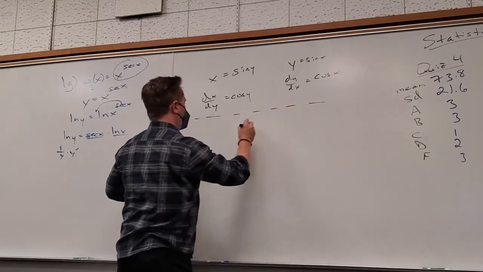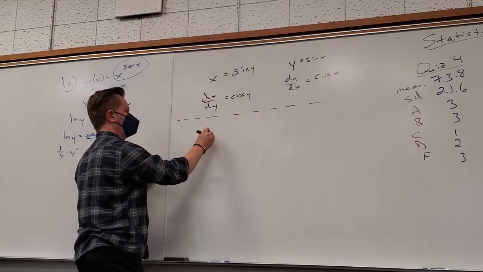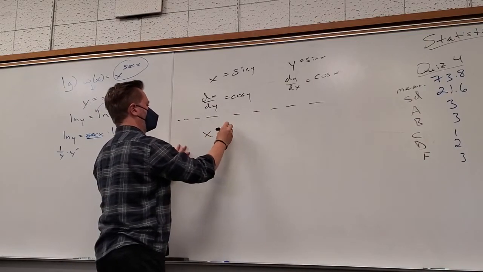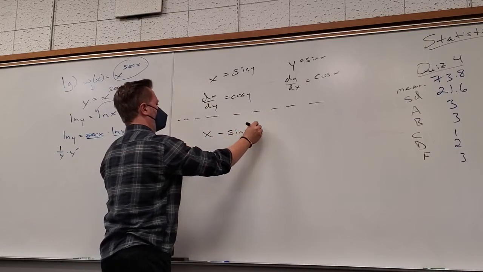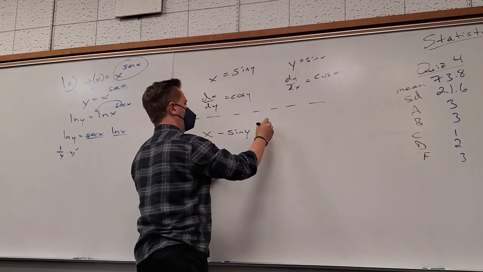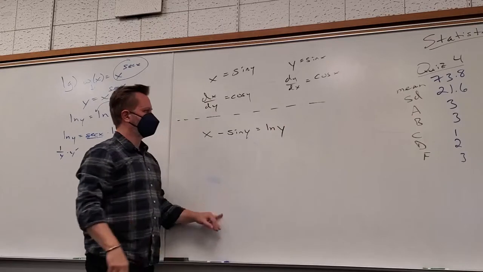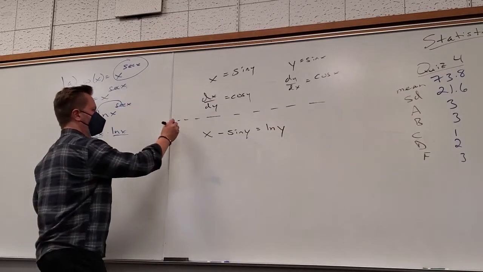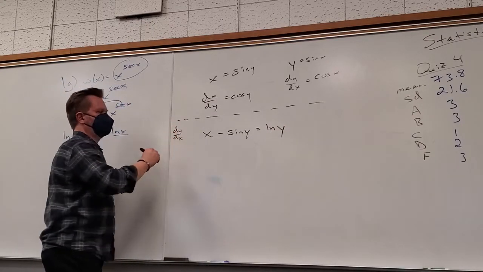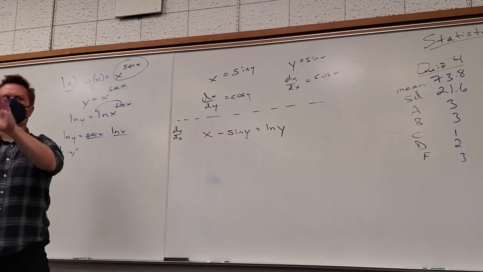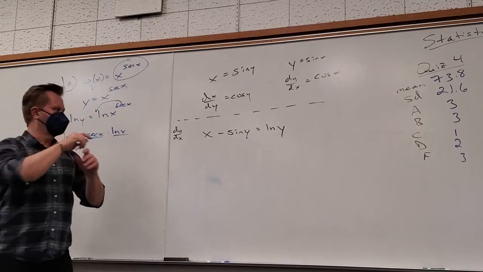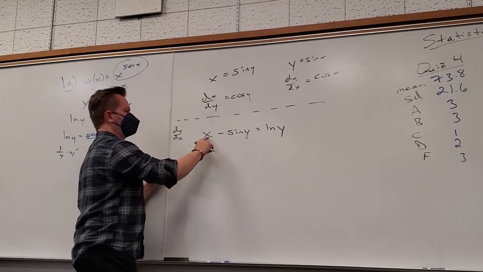Okay, now. So I can do this semi-quickly. What if I had x minus sine y equals natural log of y? Sure, I like it. And we want to find dy dx. All right, let me just show you this semi-quickly. I would do implicit, right?